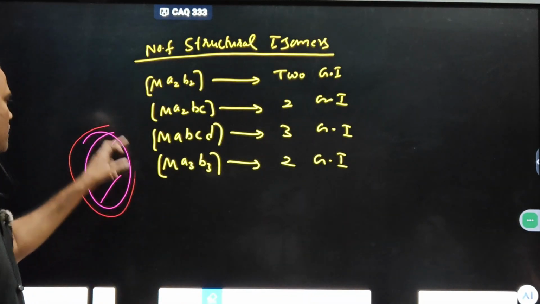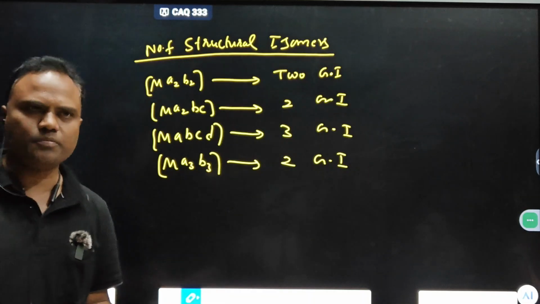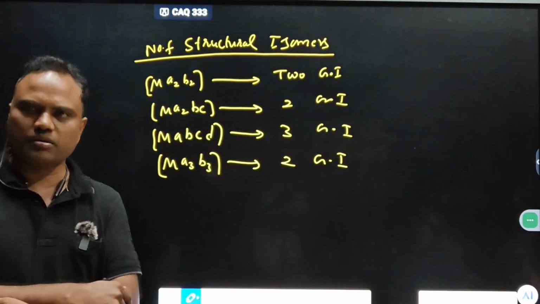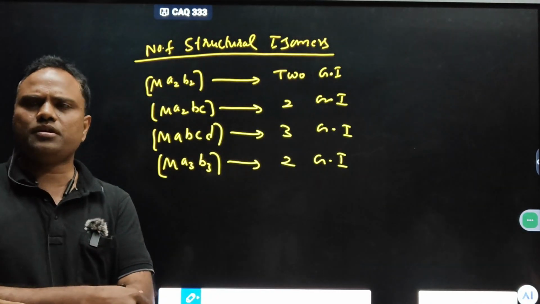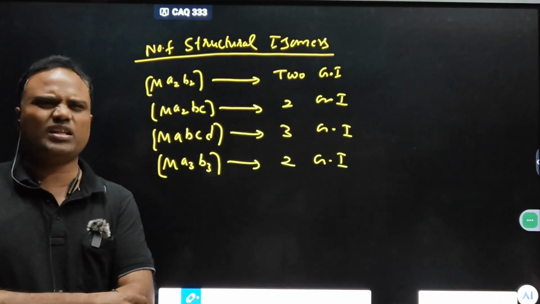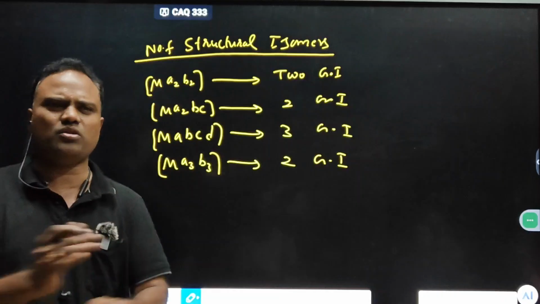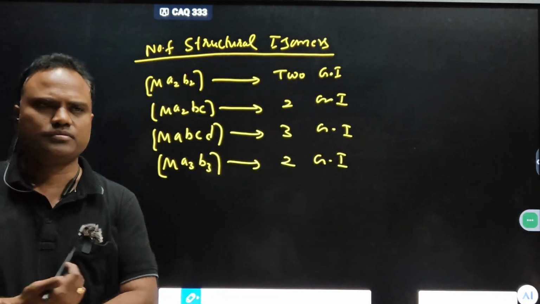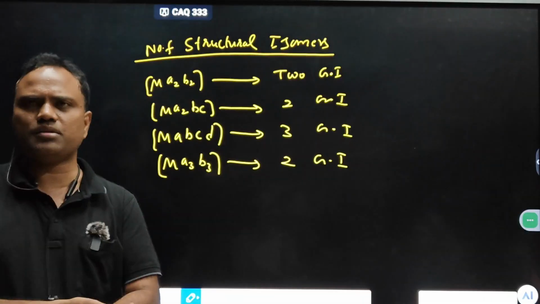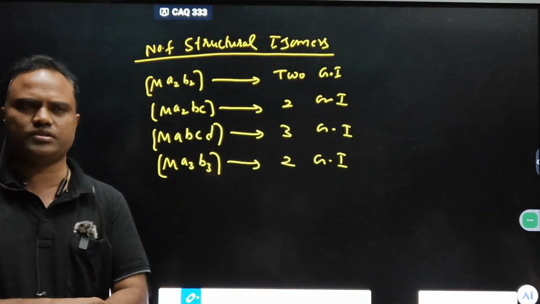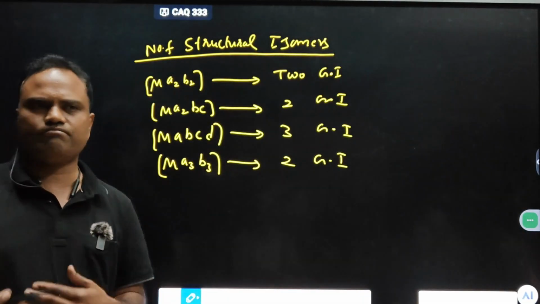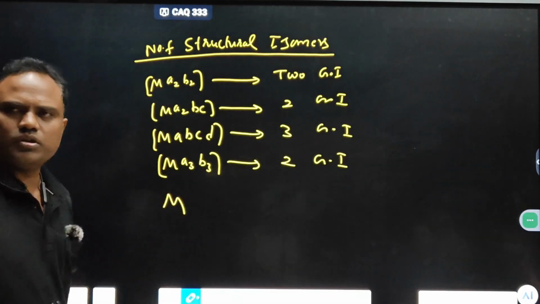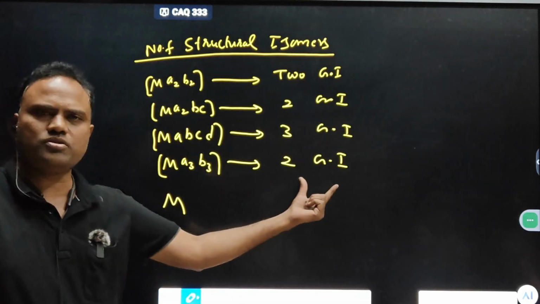Actually, we have one method. What is that method? We have to interchange the ligands. This is a shortcut. Remember, I'll explain the original method, which is a time taking hit and trial method. You have to interchange the ligands and check. Instead of that, remember this format. It will take some time, but once you learn, this is the easy method. Now look at this, all of you. Ma3B3 means 2GI.